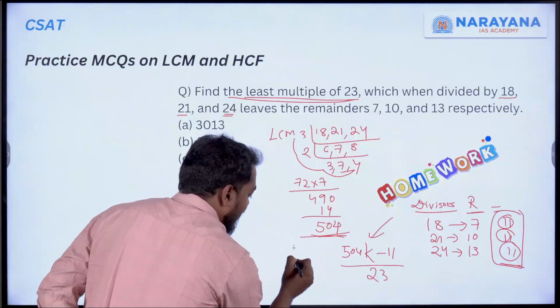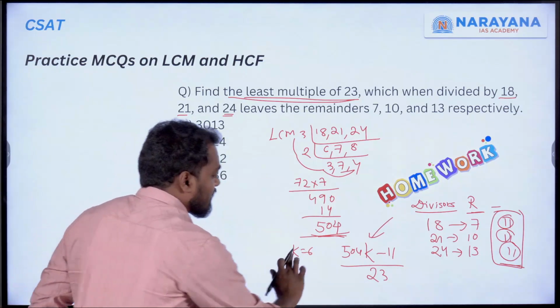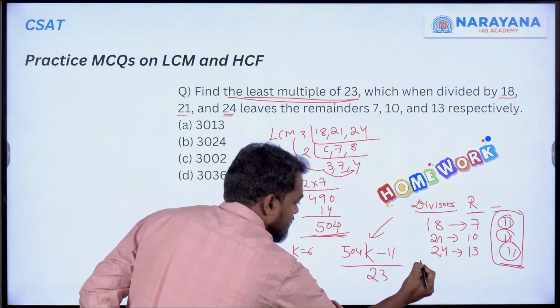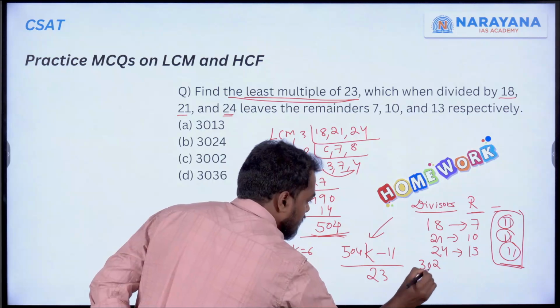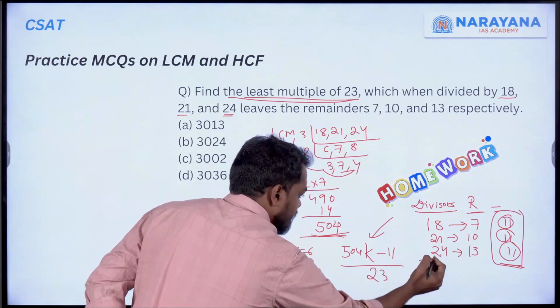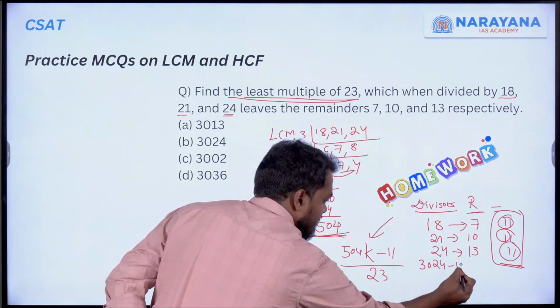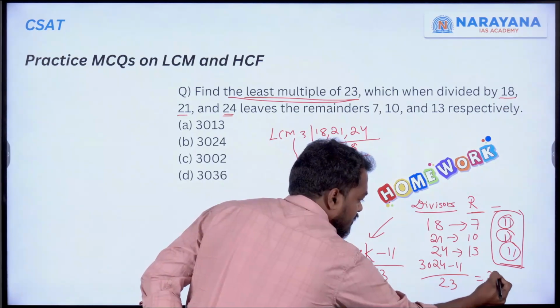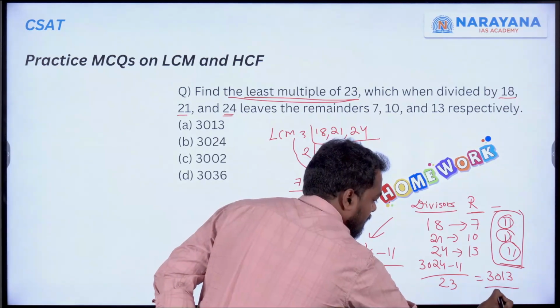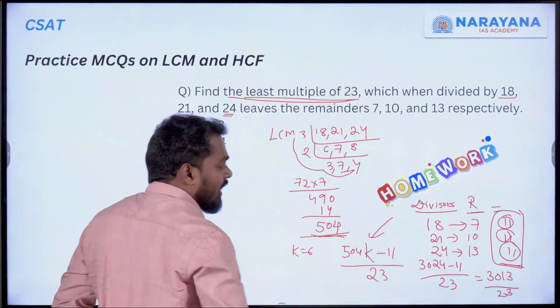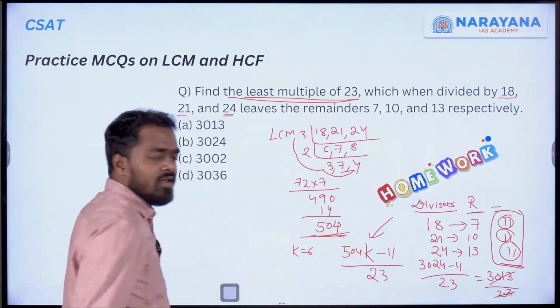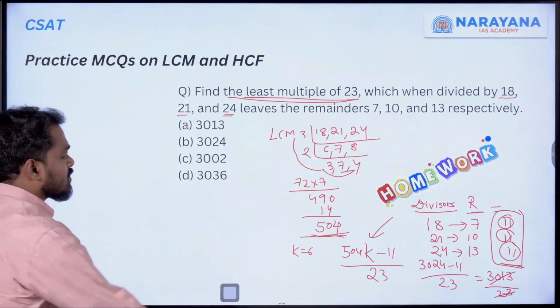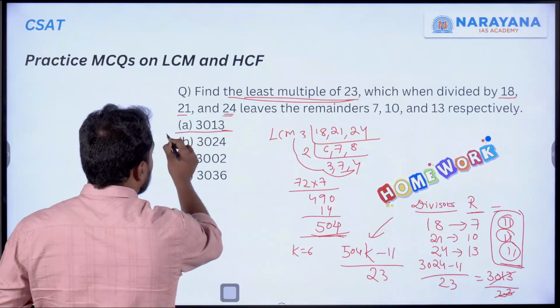If you put k as 6, you will get 504 into 6, that is 3024 minus 11, 3013 by 23. And this is perfectly divisible by 23. So your answer will be 3013.